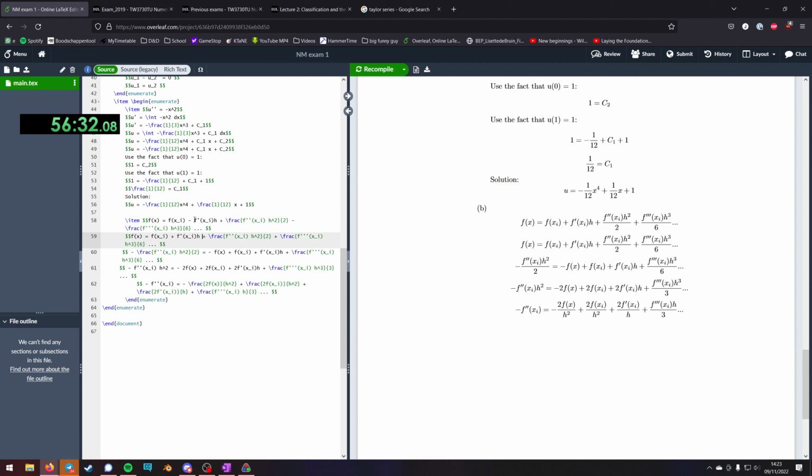So here it is negative h and negative h to the third. This one's plus and the other one's negative.